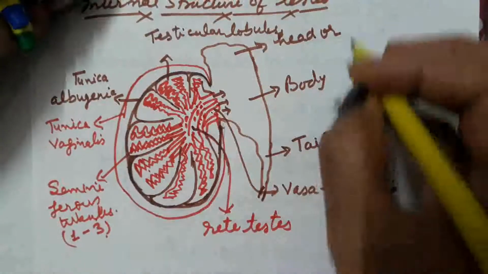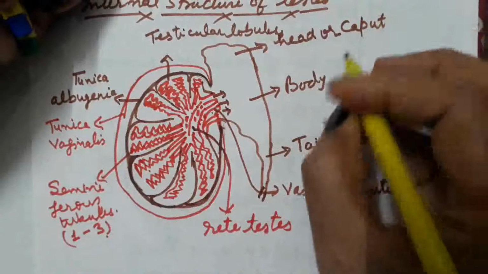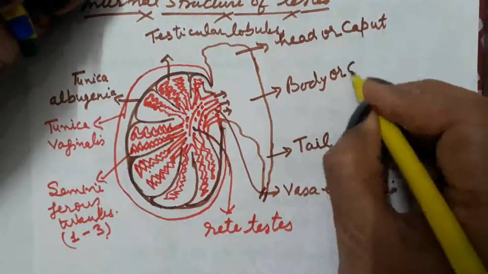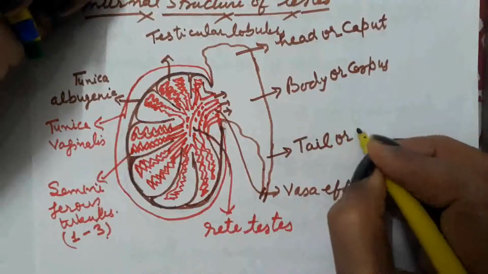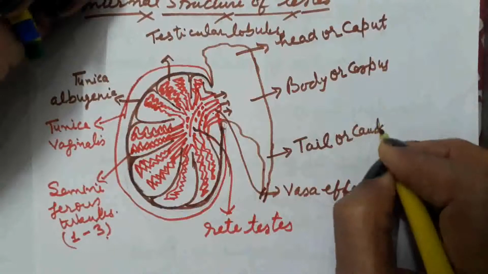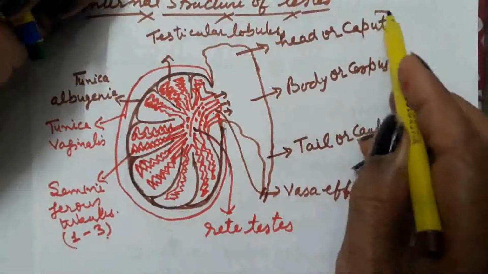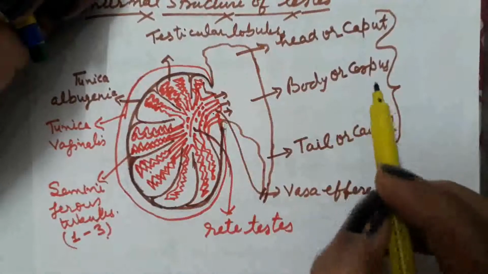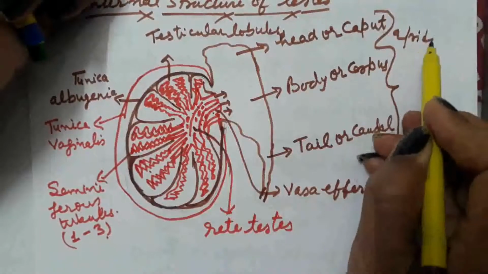The head region is also known as caput, the other name of the body is corpus, and the tail is also known as cauda. All these three parts together constitute the epididymis.